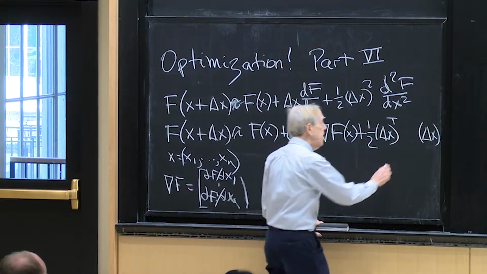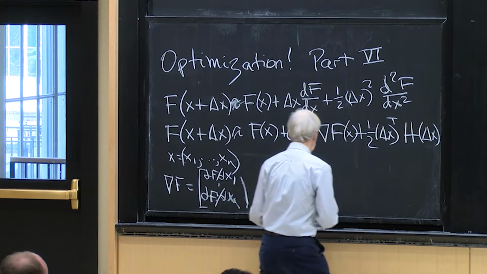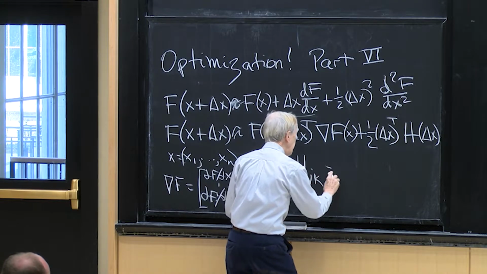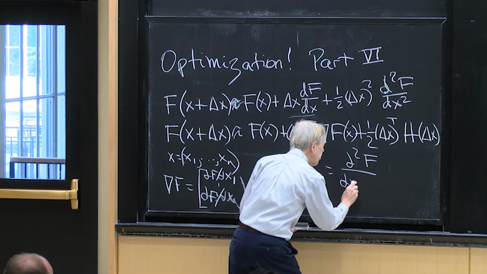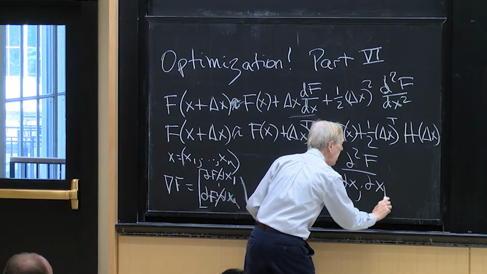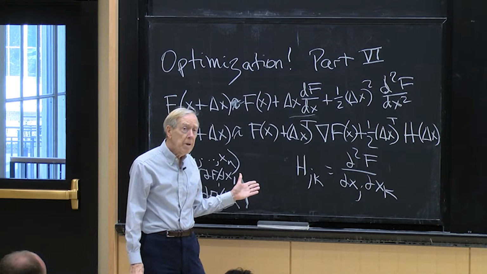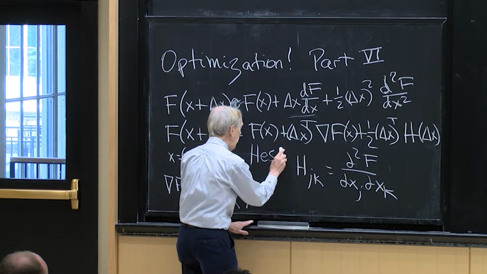And I'll call it H. This is the matrix of second derivatives. H_jk is the second derivative of f with respect to xj and xk. And what's the name for this guy? The Hessian matrix.